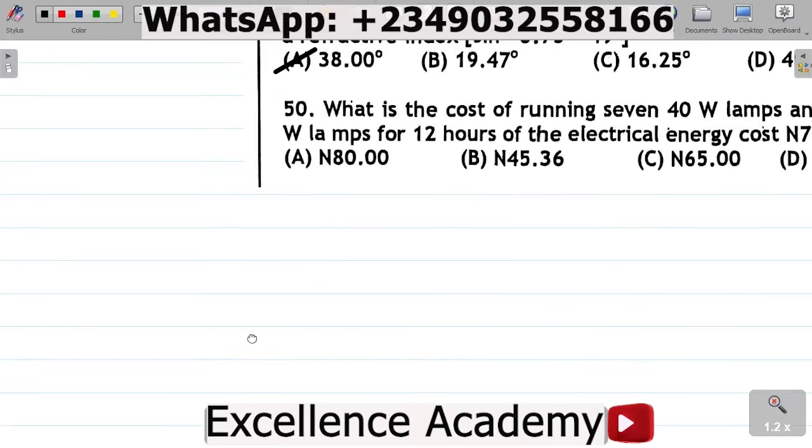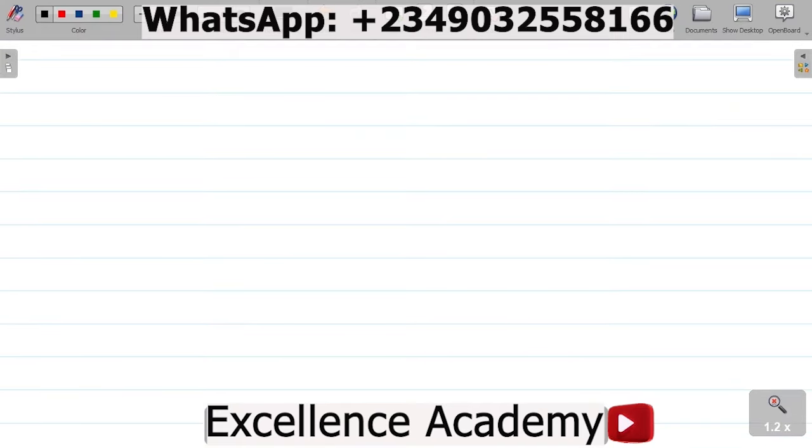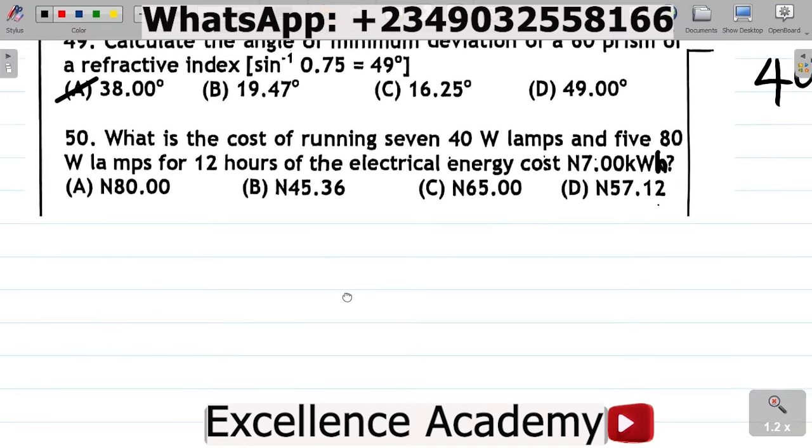Now, to solve this, the first thing we want to do here is to get the total power. So question 50, let's get total power in watts, and that'll be equal to the number of lamps.